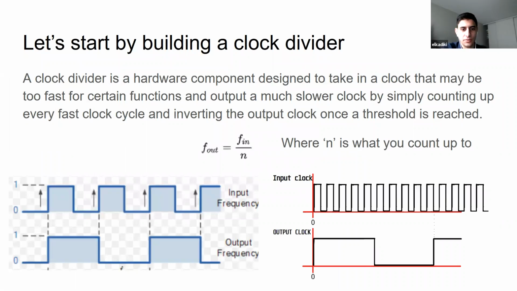Okay, so this is a little bit about the clock divider. The main idea is that we're slowing down an input frequency. The diagram kind of explains it pretty well, but we're actually doing a lot more than just halving the clock speed. We're dividing it by something like 200,000.